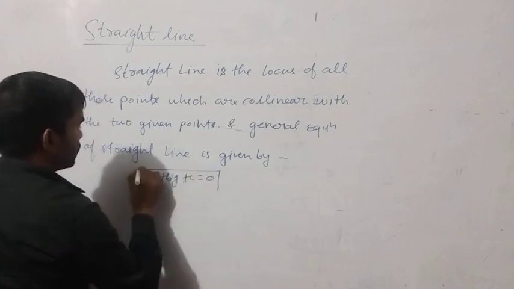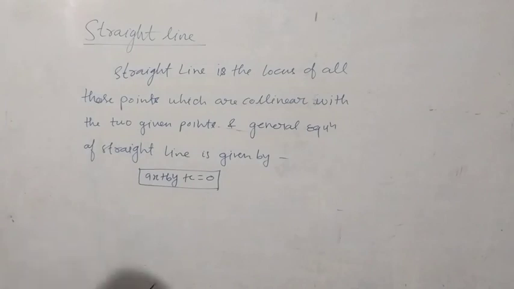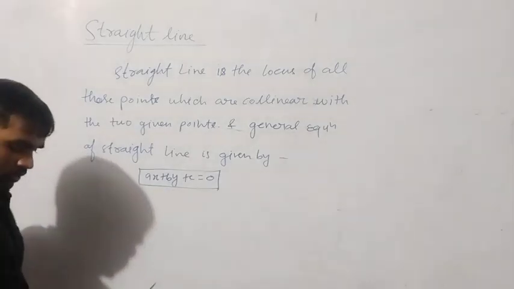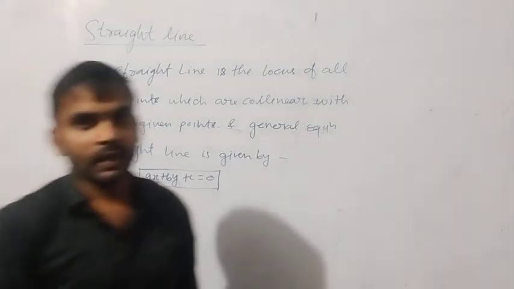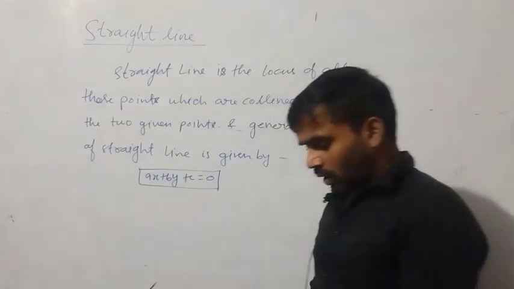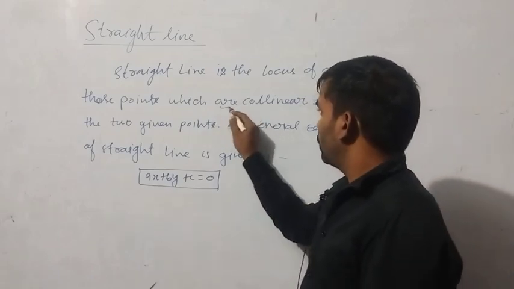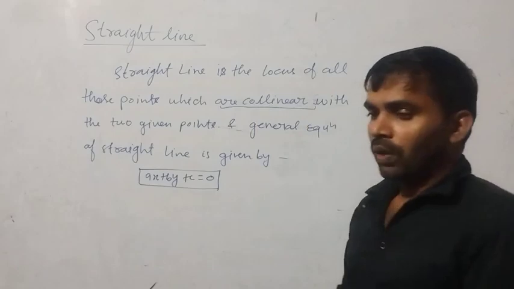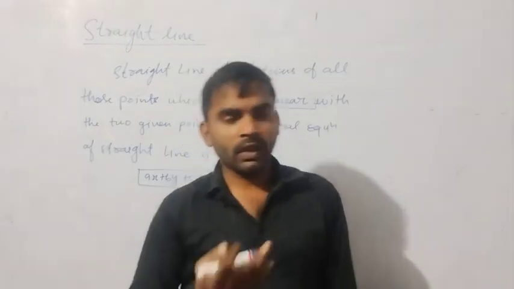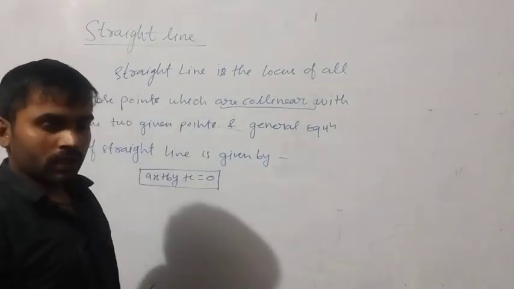So this is all about the straight line: here is the definition and here is the general equation of a straight line. Now here one term comes, which is known as collinear. So we will see what is collinear, and after that we can discuss some other points related to the straight line.